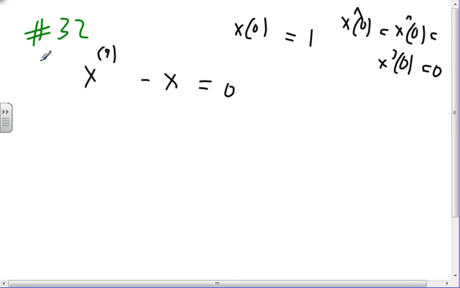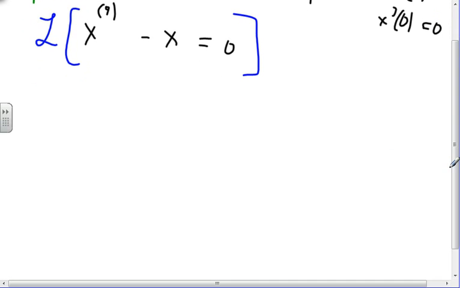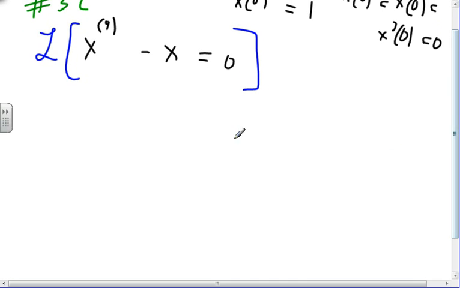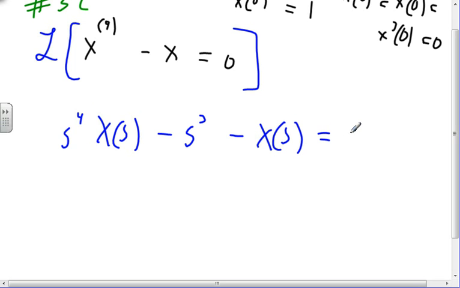And then, luckily we have plenty of time. 10 minutes should be plenty of time, right? I mean, really. All right, so what is the Laplace transform of the fourth derivative? S to the fourth x of s minus s cubed minus x of s is 0.